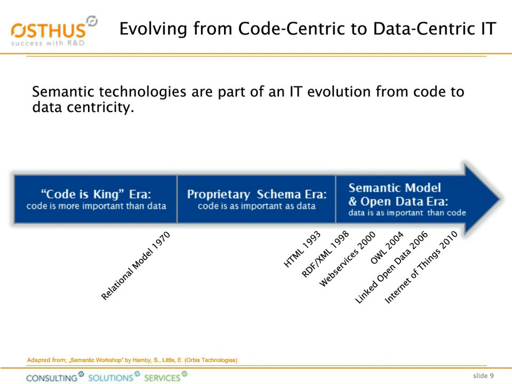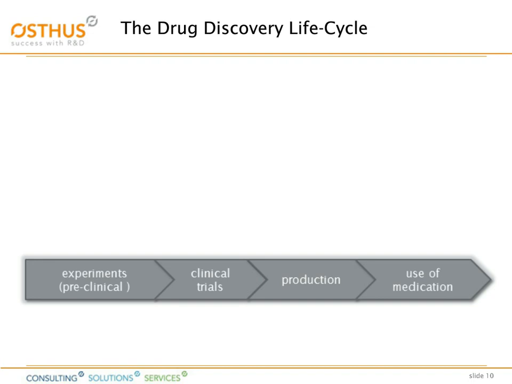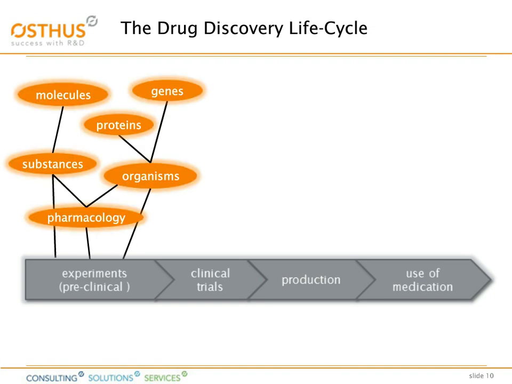Let's consider one example, the drug discovery life cycle, just to mention what kind of different heterogeneous data sources may be involved. For example, you start with experiments in a preclinical setting, where substances, organisms, proteins, and so on are of relevance.